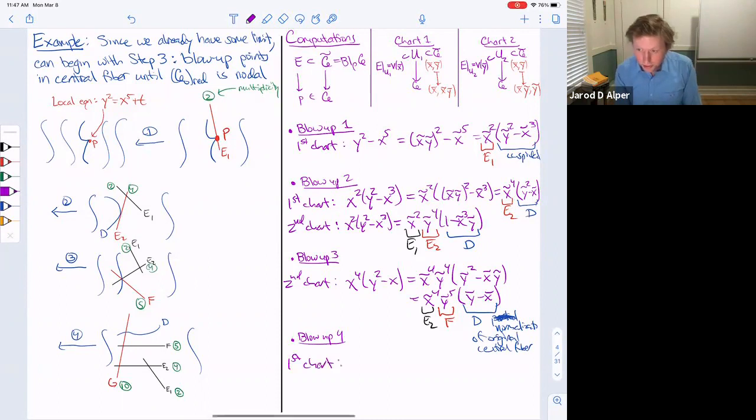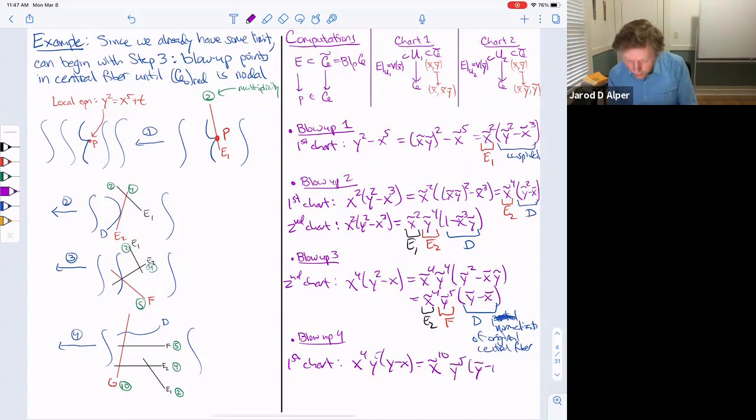let's look at the pre-image of this equation: x to the fourth, y to the fifth, y minus x, and it becomes, well, maybe I'll spare you the calculations, just x tilde to the 10th, y tilde to the fifth, and then y tilde minus 1. And now this is the equation of the new exceptional divisor, which I call G, has multiplicity 10.